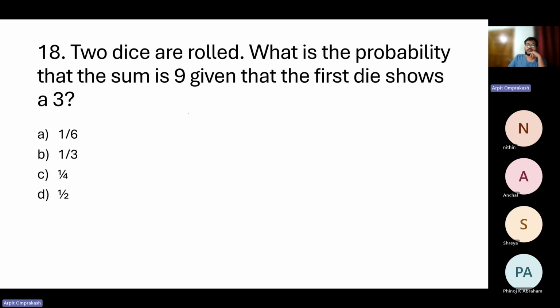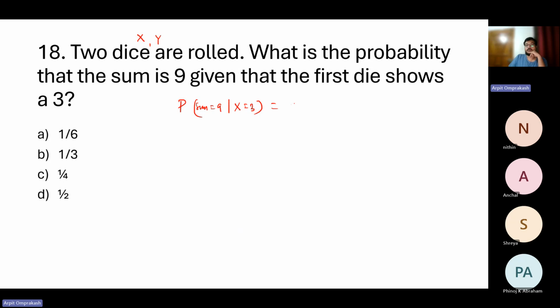One way would be to invoke conditional probability. Let's say we are treating the two dice as two random variables, x and y. What is the probability that the sum is 9 given that x is equal to 3?